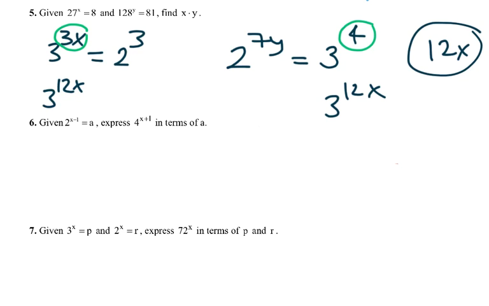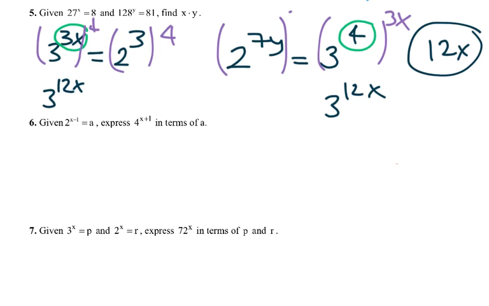And to achieve that, we're going to have everything to the power of 4 here, and everything to the power of 3x here. And what that means then is that we have 2 to the power of 12, and over here 2 to the power of 21xy.